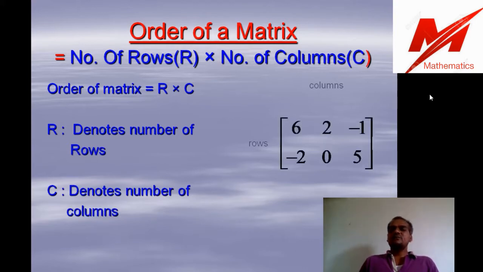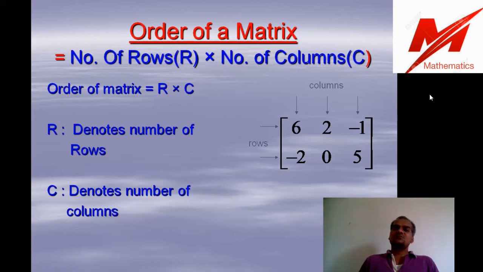Now see here the example, we have a matrix having elements 6, 2, minus 1, minus 2, 0, 5. In this matrix the first column is 6, minus 2, the second column is 2, 0 and the third column is minus 1, 5. These are the three columns. For rows, the first row is 6, 2, minus 1, and the second row has elements minus 2, 0, 5.